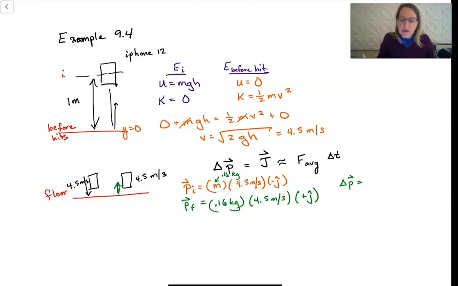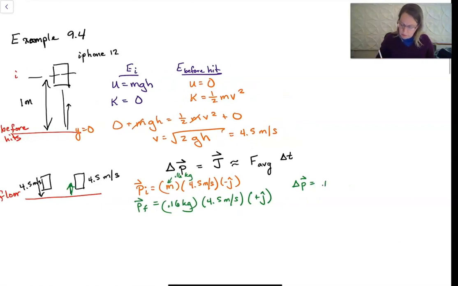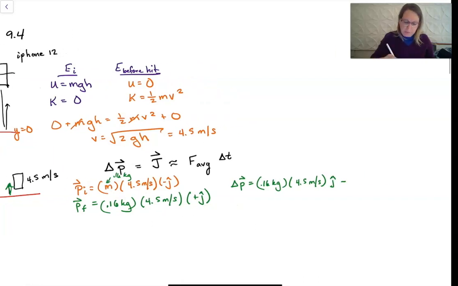I'll just rewrite it. 0.16 kilograms times 4.5 meters per second in the j hat direction minus this 0.16 kilograms times 4.5 meters per second in the minus j hat direction. I've got two minus signs, so that gives me a plus.